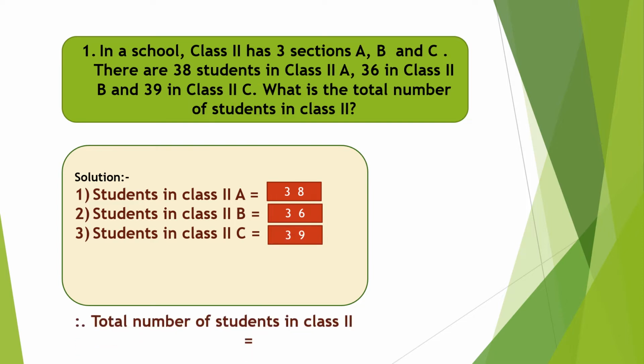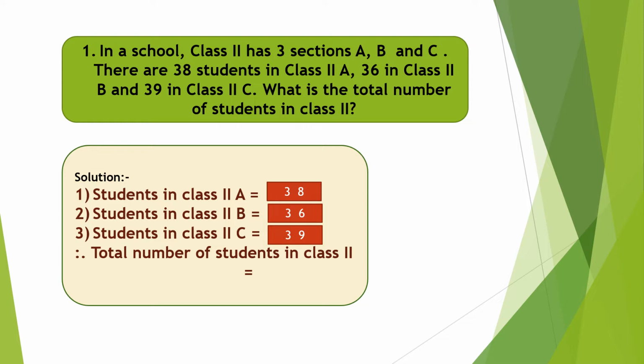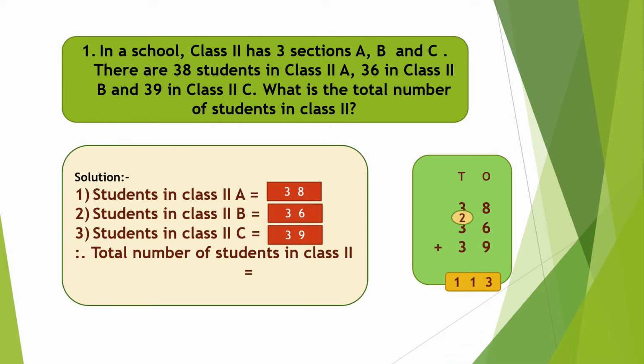So, therefore, total number of students in class second. So, what we need to find out? Total number of students. So, draw a solution box. Write 38, 36 and 39. Add them. What is your answer? 113. So, therefore, total number of students in class second equals to 113.